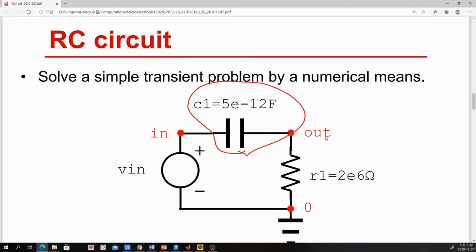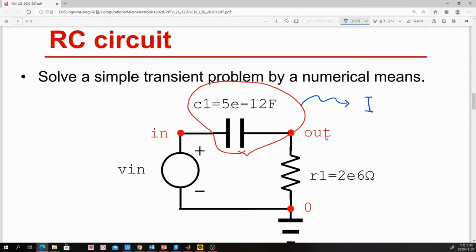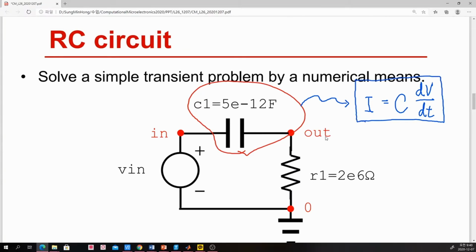The capacitor. Then what is the relation between capacitor current and capacitor voltage? The current flowing through this capacitor is given by its capacitance multiplied by the time derivative of the voltage across its two terminals. That is quite different. In the case of a resistor, we can write down in this way.